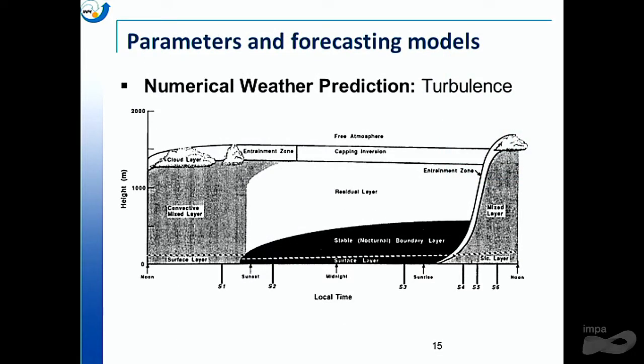But also turbulence. It's a very relevant process in the atmosphere. And unfortunately, or fortunately, I don't know, we have different dynamics of the turbulence during the day and at night. And so we have the convective boundary layer, residual boundary layer, stable or nocturnal boundary layer, and we have some transition boundary layers.